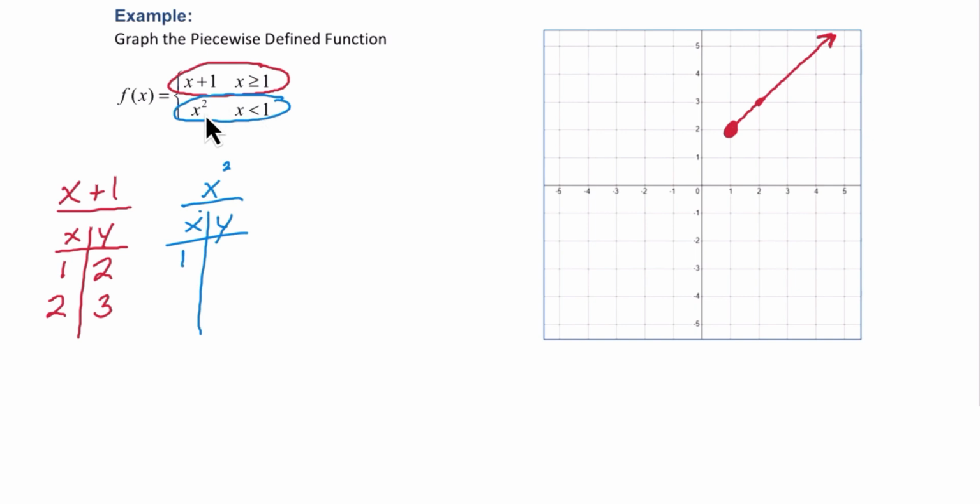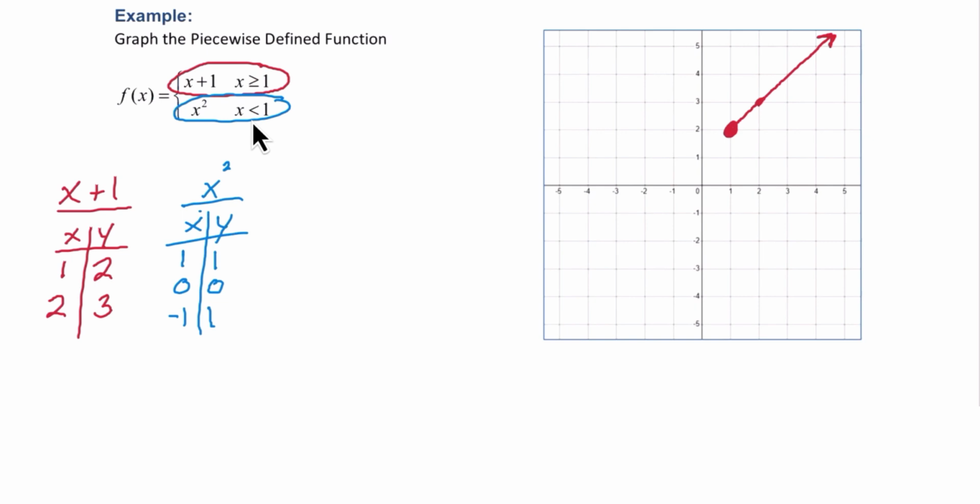Plug in 1 into this bottom equation. 1 squared is 1. Now we need some additional points. So let's choose something that is less than 1, say 0. 0 squared is 0. We'll get an additional point since this is a squared function. So -1, plug in -1, and we get +1.